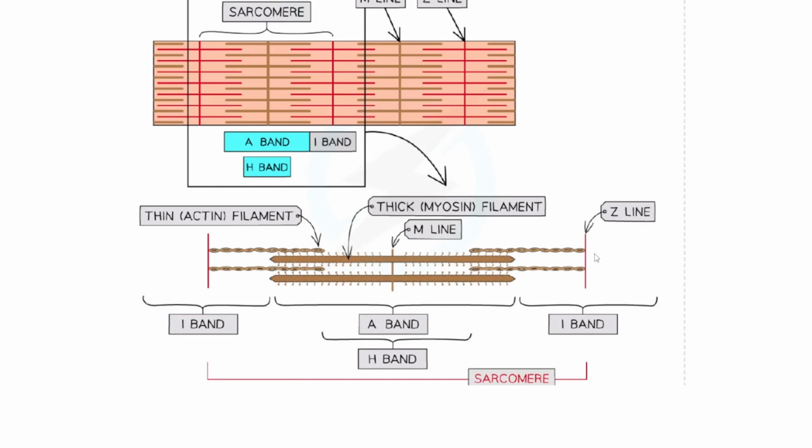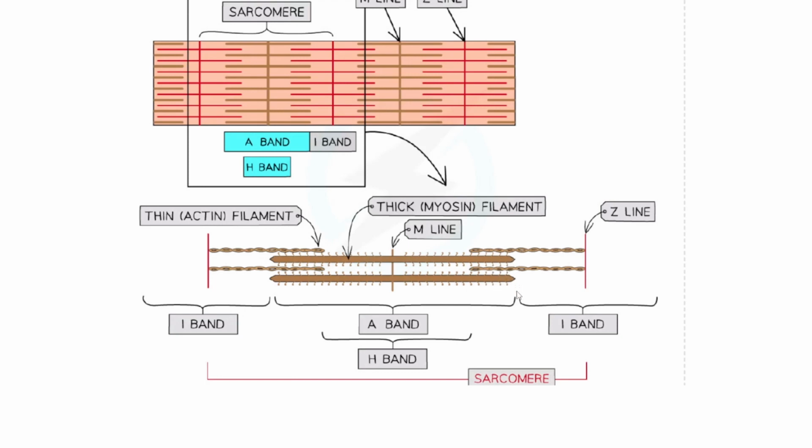What does the I band consist of? The I band always consists of a Z line and some part of the thin filament. This thin filament goes until it attaches to the thick filament. You see here that there's a part where the heads attach to the thick filament.